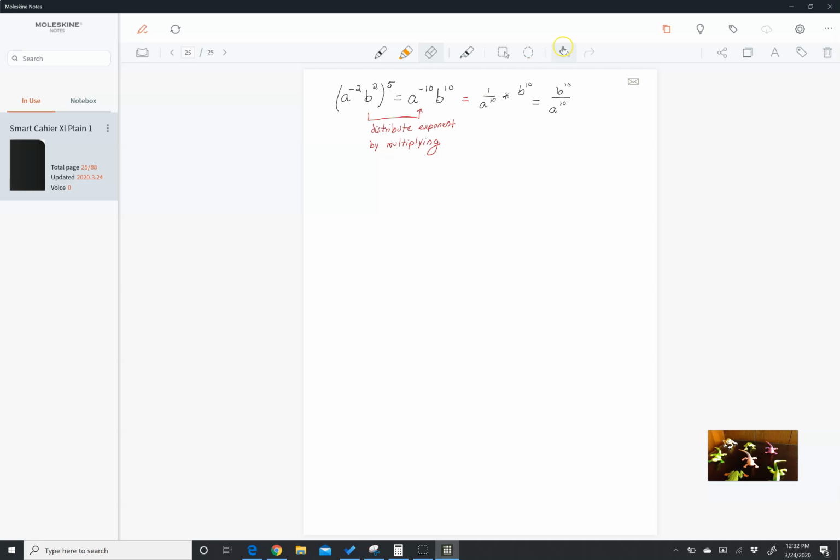We can just say, okay, a to the negative 10, this is a negative exponent, so to make it positive, we just move it into the denominator. So our next step here, usually we're going to skip this step. We're not going to do this every time. But what we did here is we got rid of negative exponents.